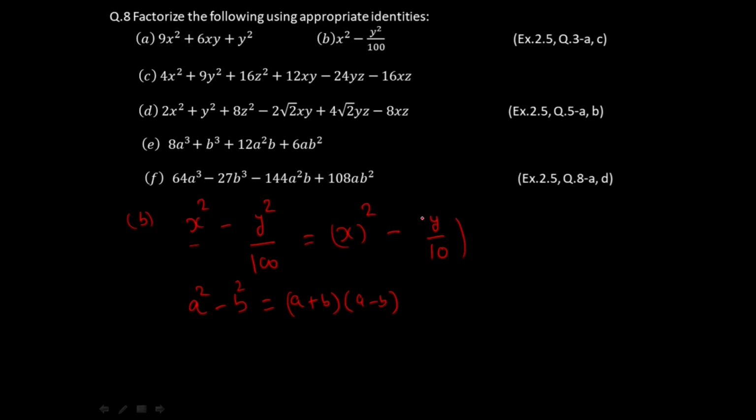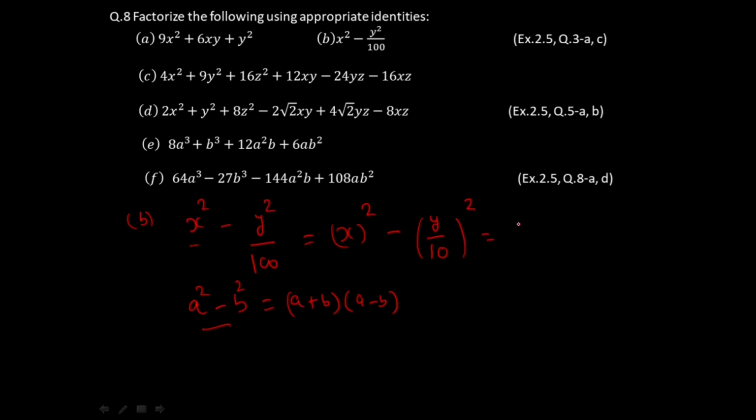Yes, (y over 10) square. y square becomes y square here, 10 squared becomes 100. Now, if you compare this whole thing with this formula, a is x and b is y over 10.